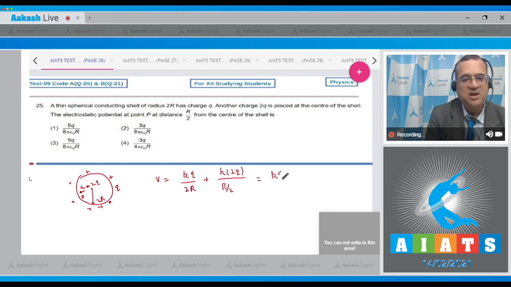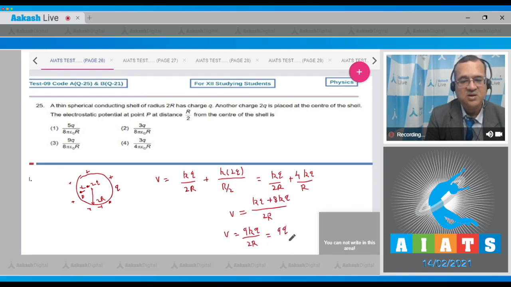So that is equal to kq by 2R plus 4kq by R, so this is 2R, divided by kq plus 8kq, and the potential is 9kq divided by 2R, and k is 1 by 4 pi epsilon naught. So this is 9q divided by 8 pi epsilon naught R. So answer to this question is the third option.